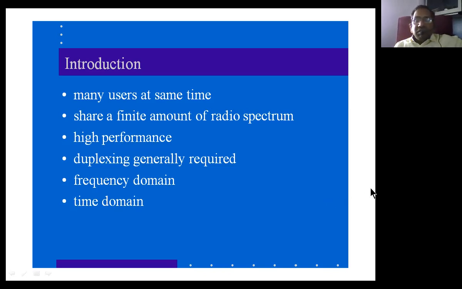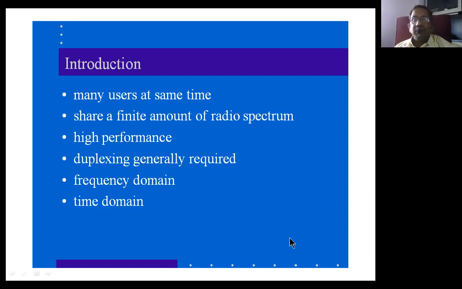Now this mobile communication multiple access technique must provide high performance because it deals with the customer. If the customer is not happy with the service he is getting from the vendor, he is going to come out of his subscription.